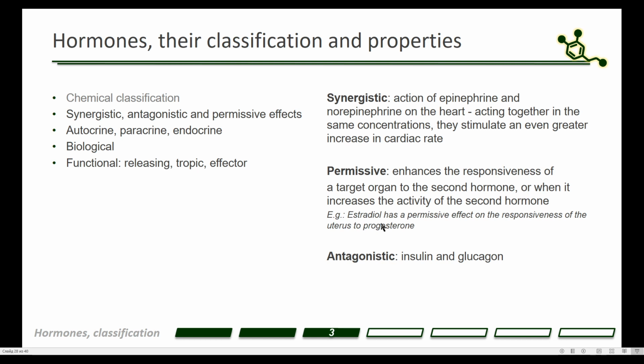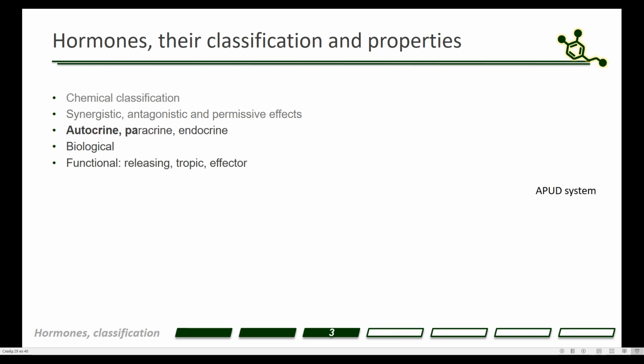An example we can use: estrogen, estradiol, has a permissive effect on the responsiveness of the uterus to progesterone during pregnancy. Synergistic action: here you have epinephrine and norepinephrine on the heart. If they act together in the same concentrations, they show an even greater increase in cardiac rate.